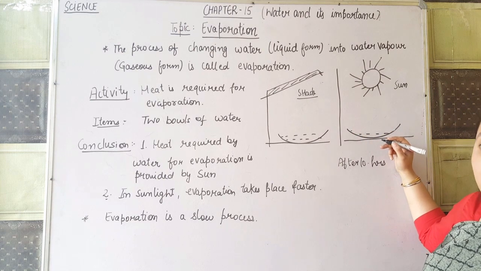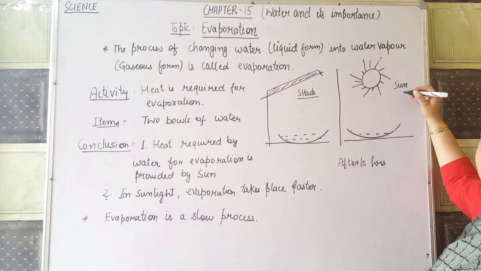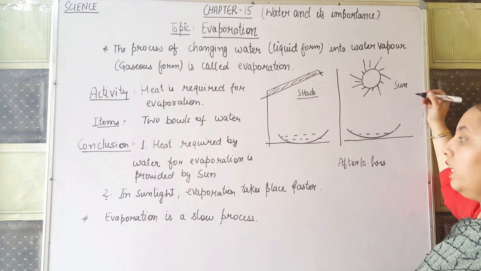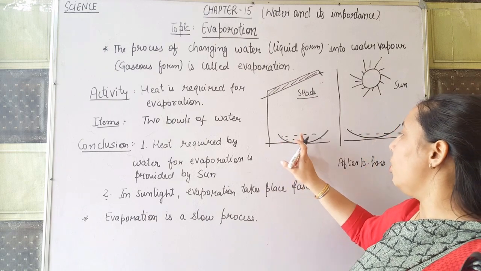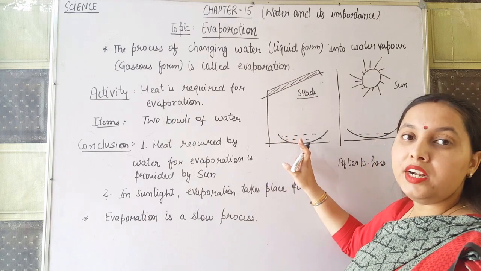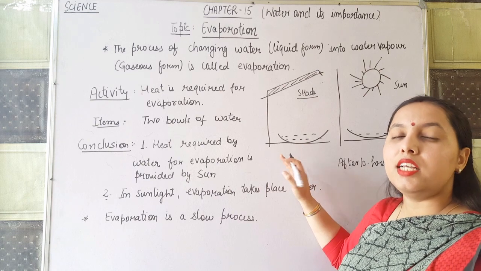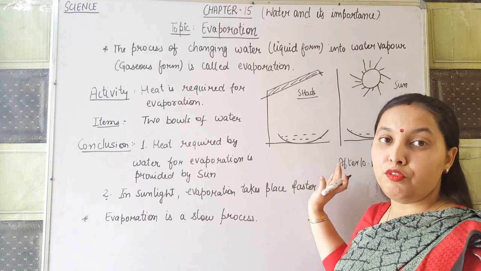It means where did the water go? It evaporated and changed into steam. And in this bowl you observe the level of the water has not decreased as such. It is almost the same as before.